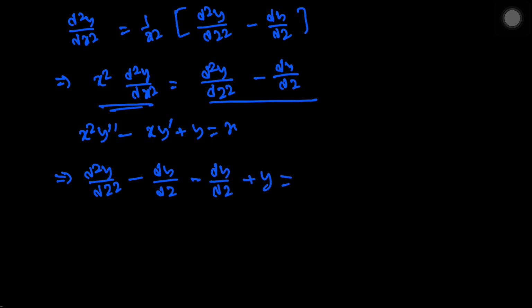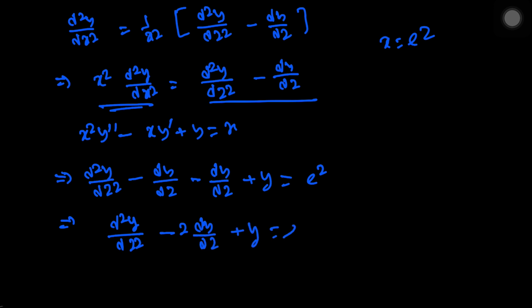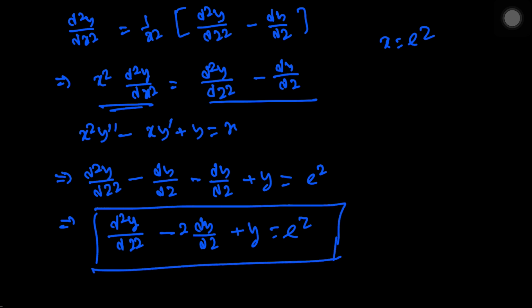We can write x as e^z because we put x = e^z. So basically the equation becomes d²y/dz² - 2 dy/dz + y = e^z. Okay, this equation is very easy to solve.